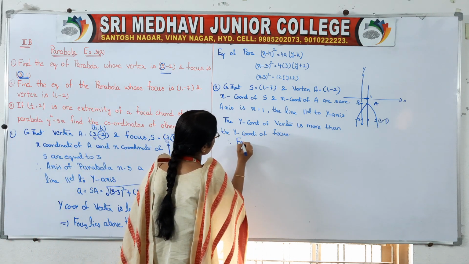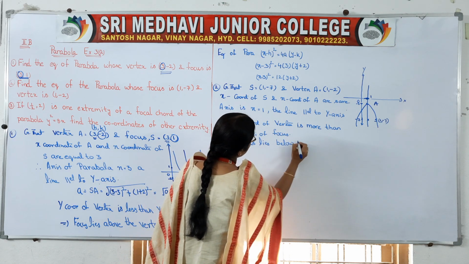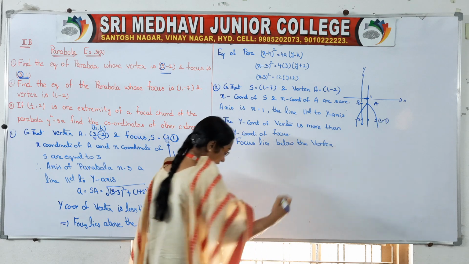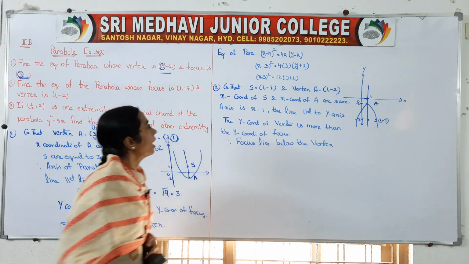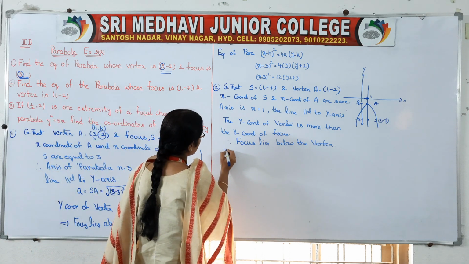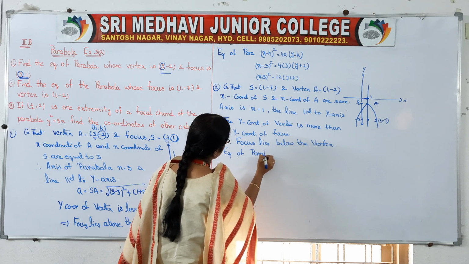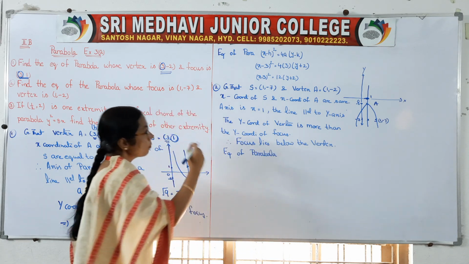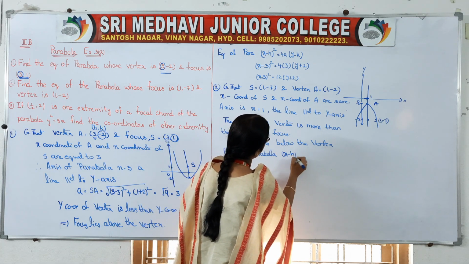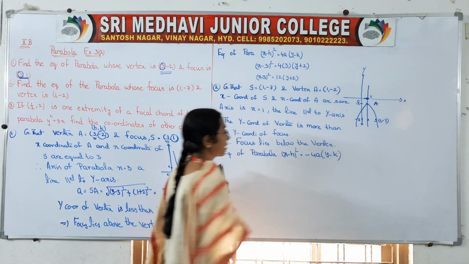So whenever focus lies below the vertex, and we are having the axis as x is equal to 1, then the equation of the parabola is (x minus h) whole square is equal to minus 4a into (y minus k).